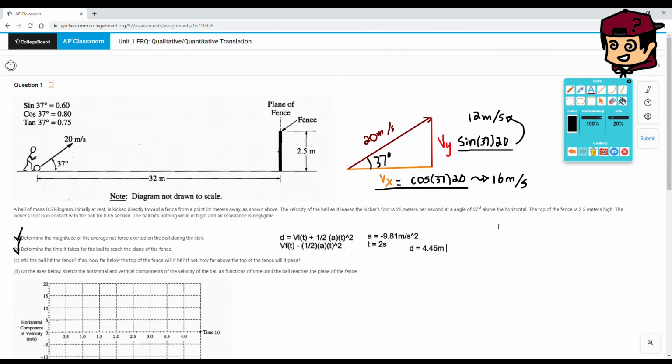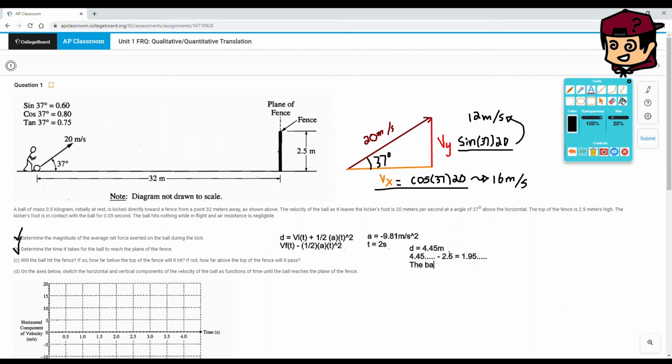Now it's asking how far above the top of the fence will it pass, because we know this is 2.5. This is way more than 2.5, right? So we'll go 4.45, whatever it is on your calculator, minus 2.5. That should give us approximately 1.95, and then of course we have sig digs. You actually need to answer this in a sentence, right?